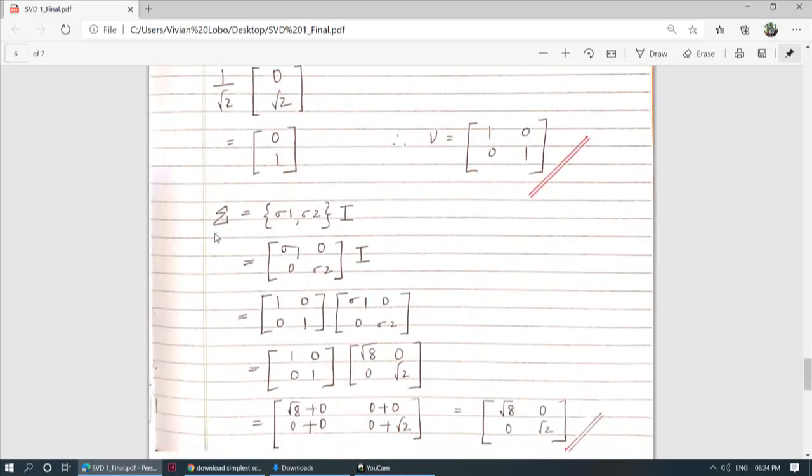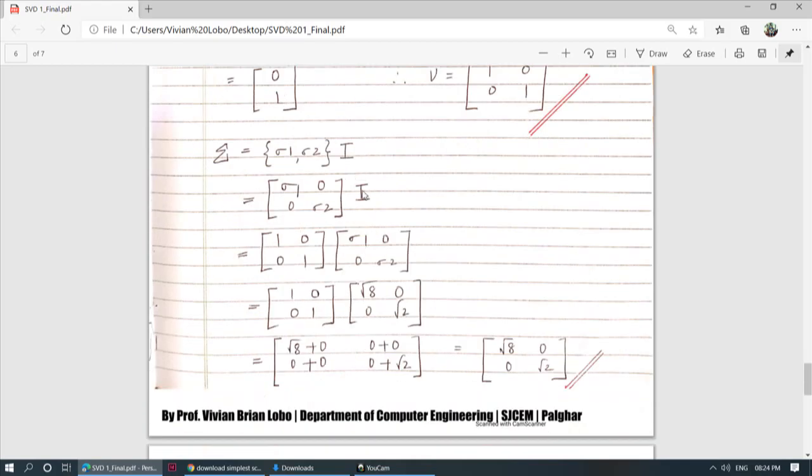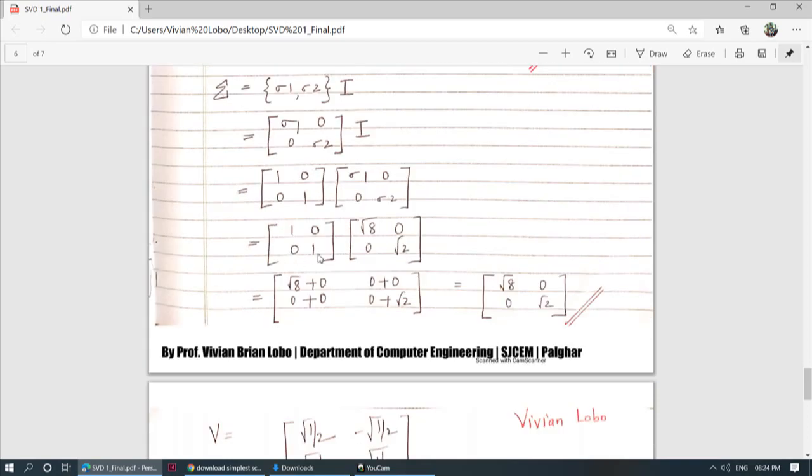Now sigma is nothing but singular value 1 comma singular value 2 into I, and I is a 2 cross 2 matrix. So what we are doing in this case is we are going to consider sigma 1, sigma 2 and multiply with your I. And what happens in that case?